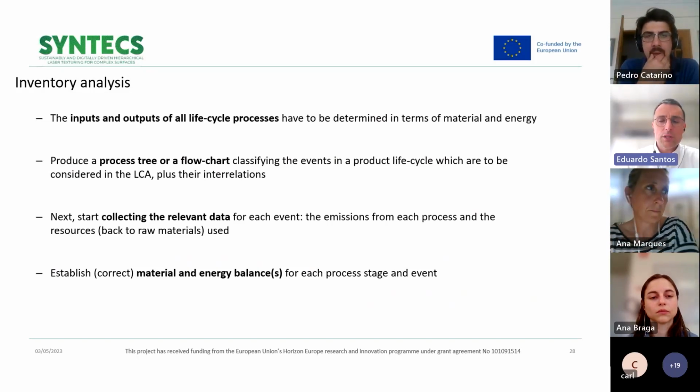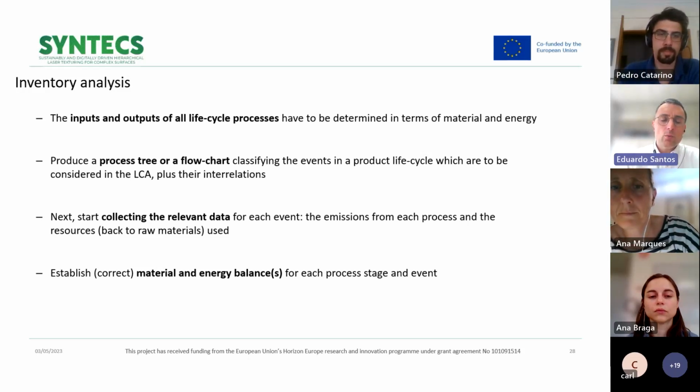So all of the materials, all of the energy that is exchanged, all of that has to be accounted for in the inventory. So the aim is to produce a process tree or a flow chart, a diagram of the different processes and their interactions. And then when we establish that process tree, we try to develop the data inventory.